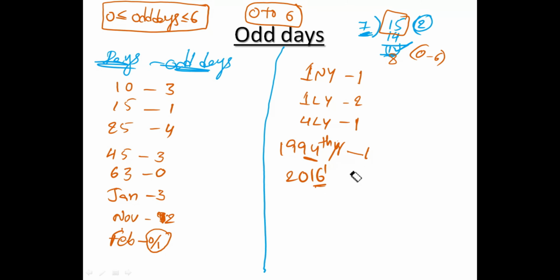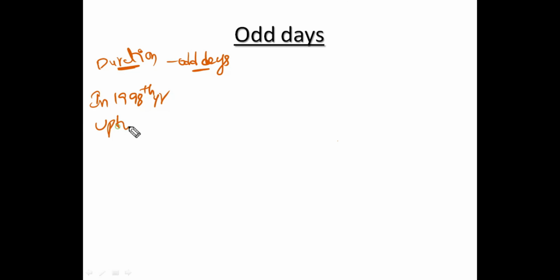Okay. We'll extend this concept. Suppose a duration is given: duration and odd days. Tell me, in the year 1998, up to 15th August, how many odd days will be there?